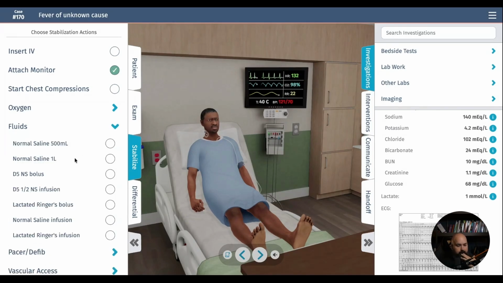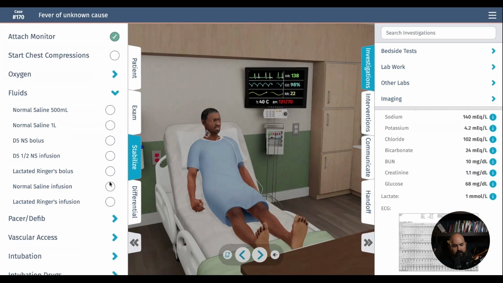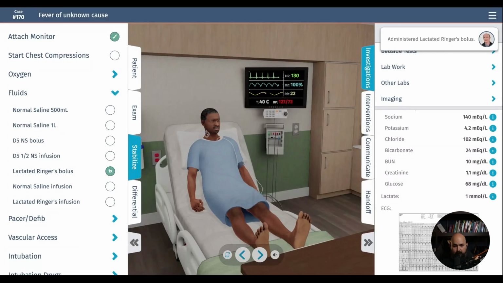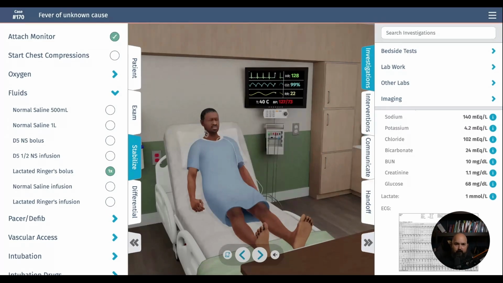I wish it had more specific options. Okay. Yeah, I have no idea how much I just gave him, but I clicked lactated Ringer's bolus. Sometimes people ask, like, hey, LR or NS, does it really matter? Not all that much. I'm an LR guy. I like LR.